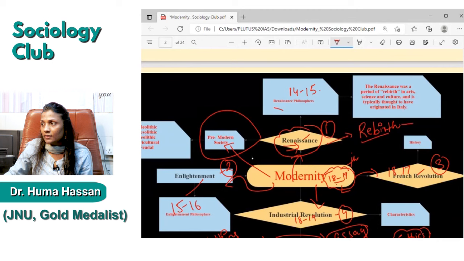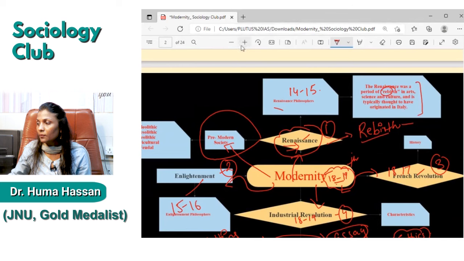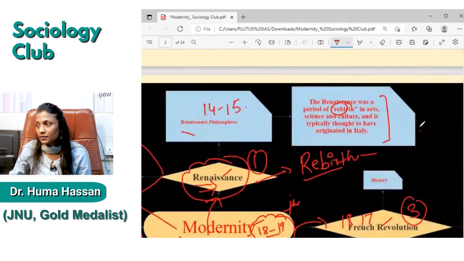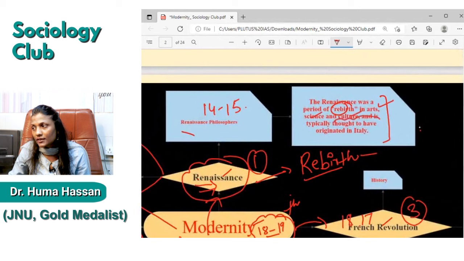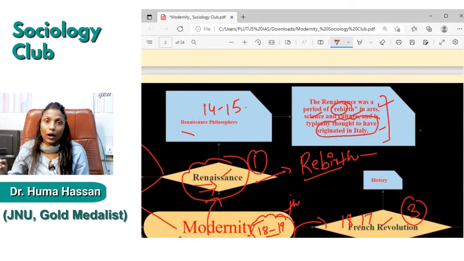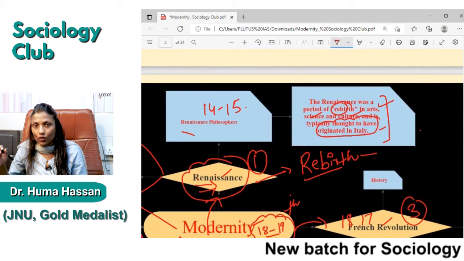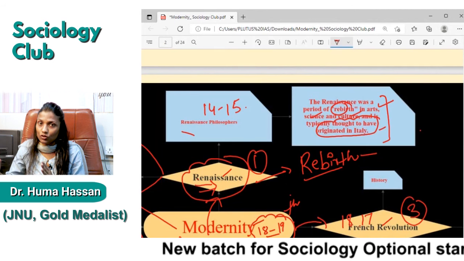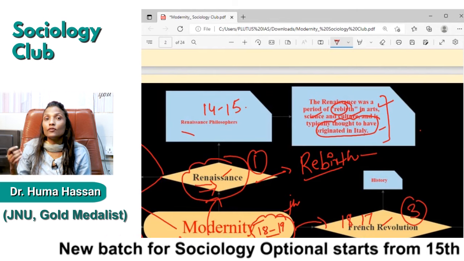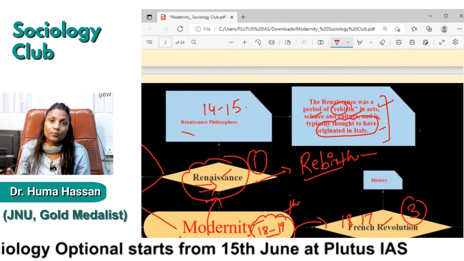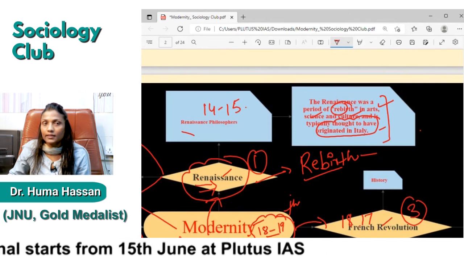Here is the definition: rebirth in arts, science, and culture, which is thought to have originated in Italy. There are other speculations also, but for understanding this topic today, we take it that the Renaissance, when philosophers started looking back and exploring their past culture, indeed started in Italy.